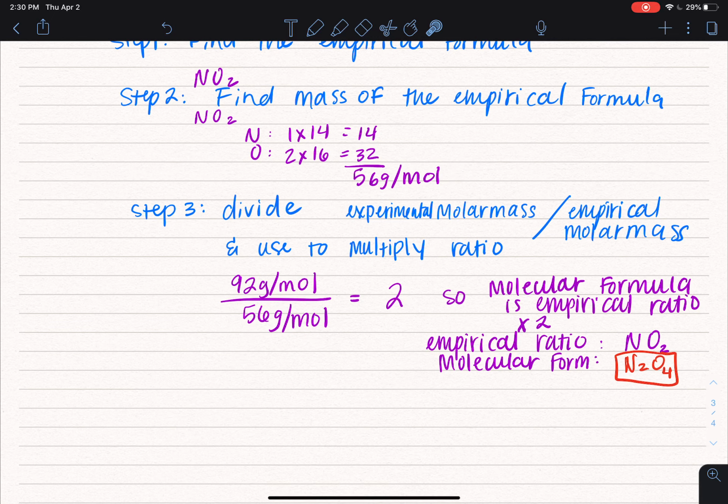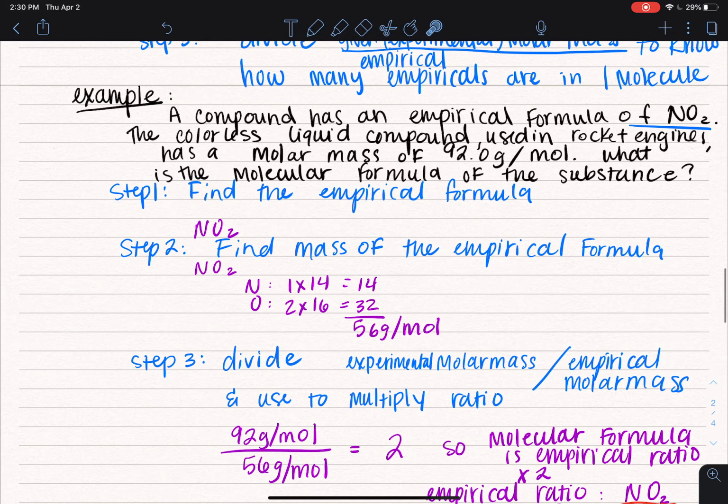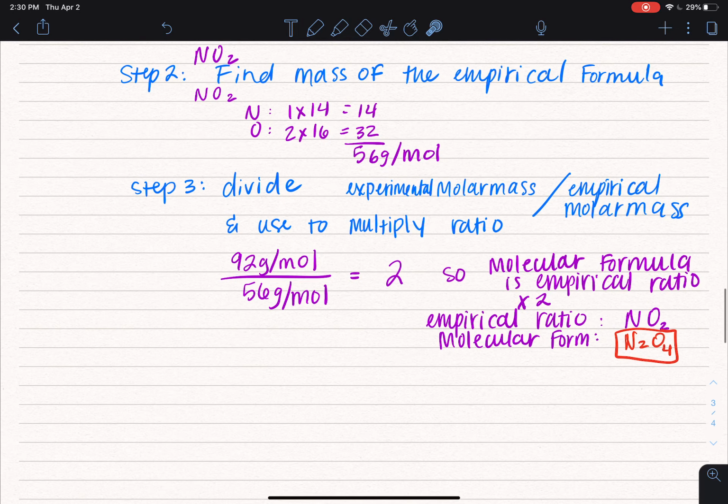So what that means is that this molecule, this colorless liquid compound, is actually made up of N2O4, okay? Because this 2 told me that the actual molecule is 2 of these empiricals. So you just multiply each subscript by 2. So if the empirical formula is N1O2, then the molecular formula has to be double that. So it's N2O4, okay?